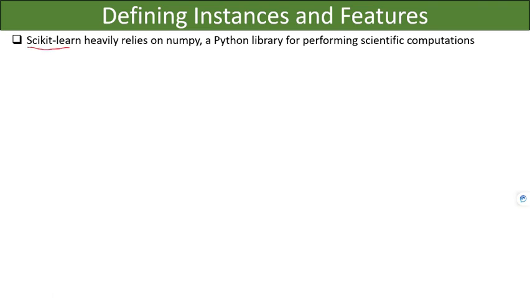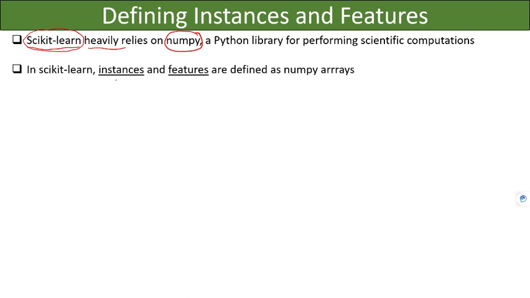So scikit-learn, as I said, you are going to use for implementing your program. And when you are using scikit-learn, it heavily relies on NumPy. NumPy is a library to perform mathematical operations.